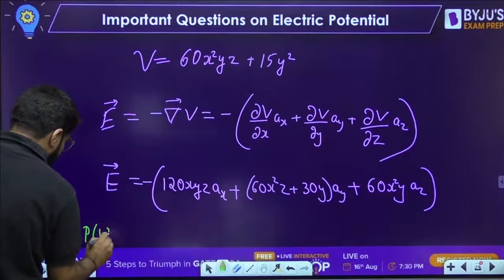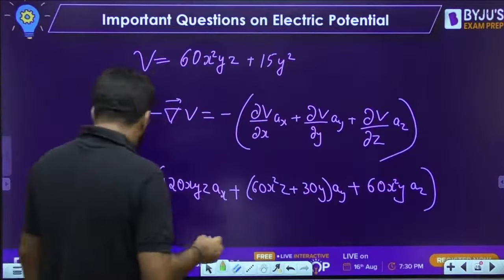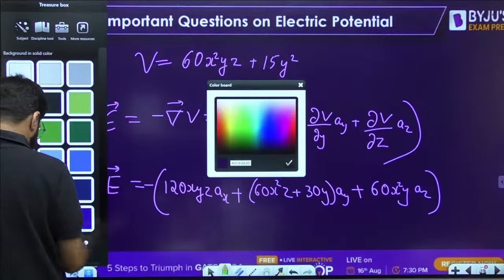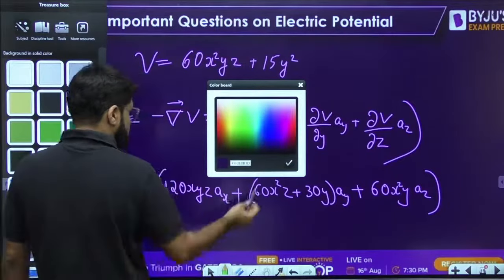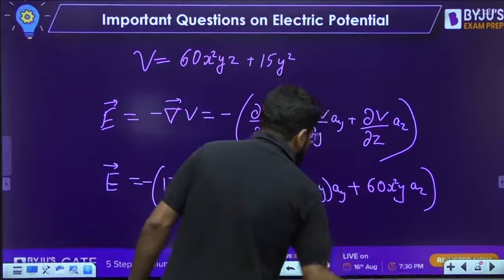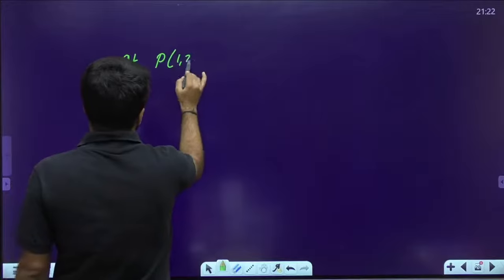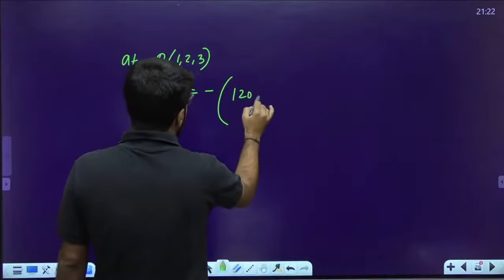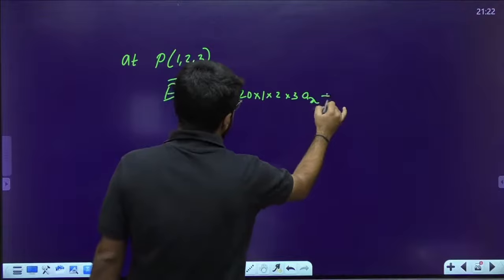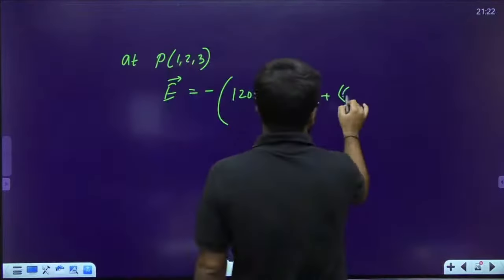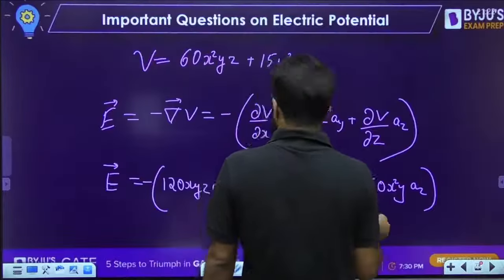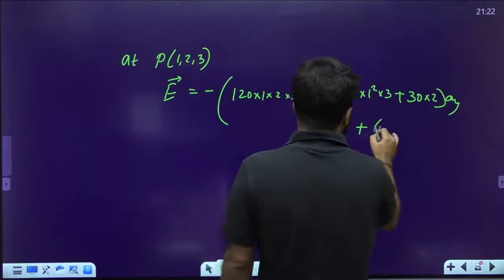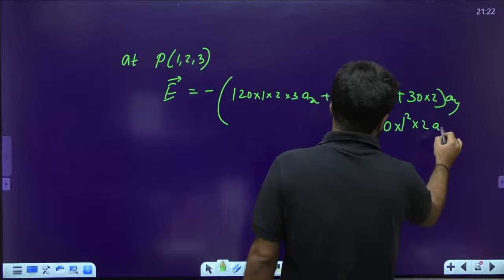At the point P (1, 2, 3), so at the point P which is 1, 2, 3, the electric field will become minus of 120xyz, that is 120 into 1 into 2 into 3 ax, plus 60x square z plus 30y, ay, plus z component which is 60x square y az.